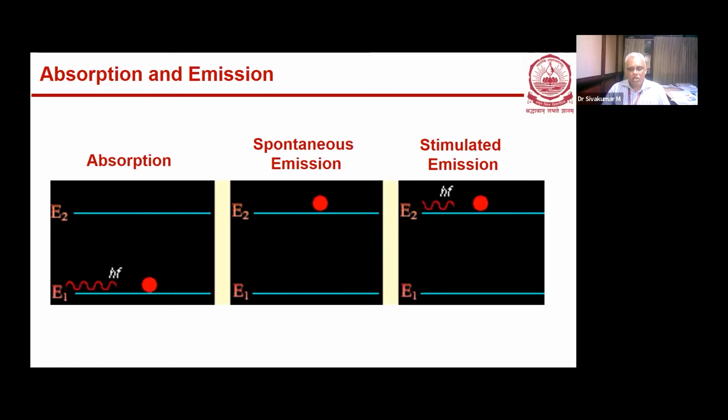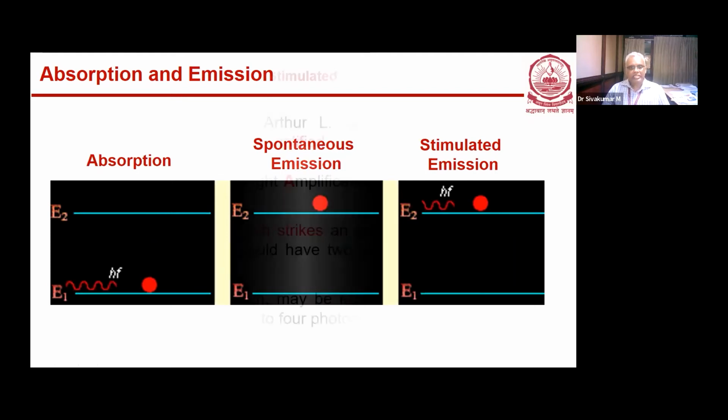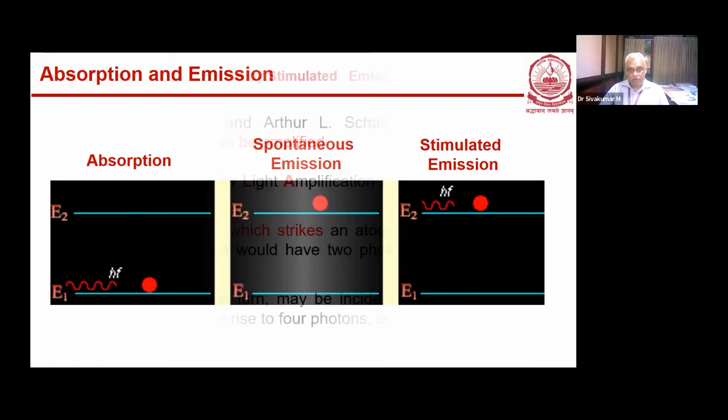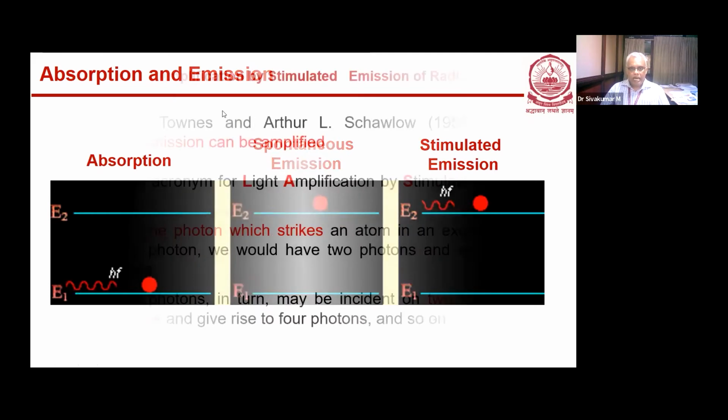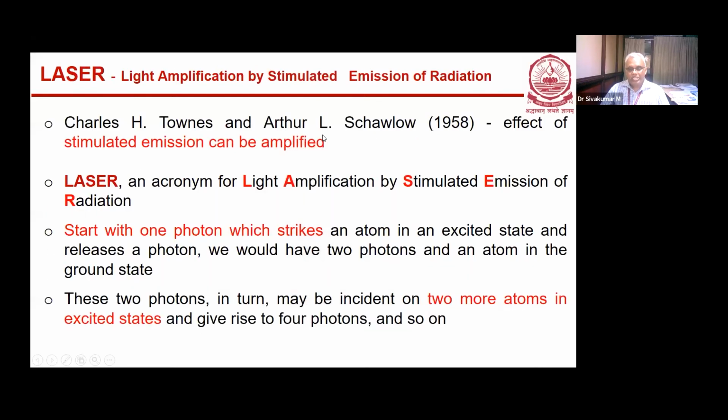But this is just an understanding of how the absorption and emission takes place. But the next thing is, how the laser was developed. The scientists Charles Townes and Arthur Schawlow thought that the stimulated emission process can be amplified.